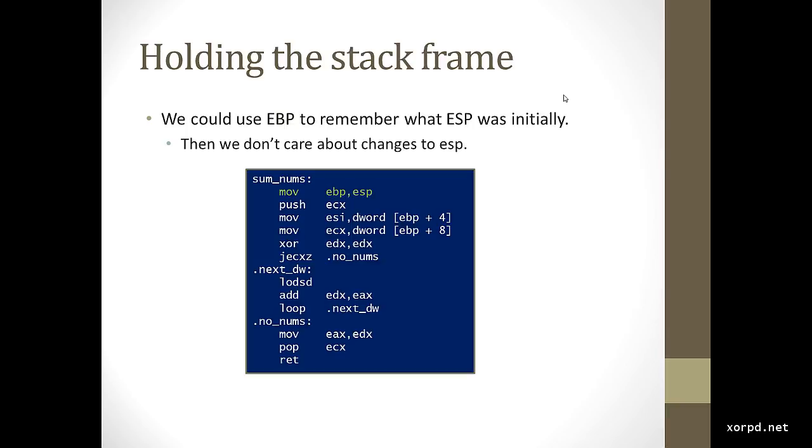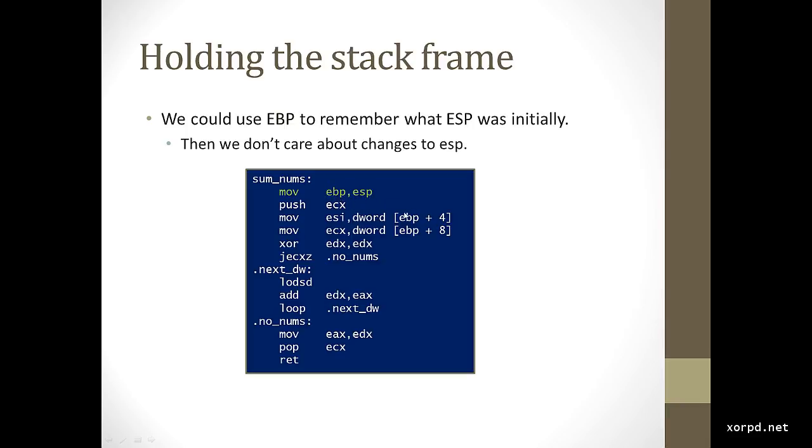There is a solution. We could use EBP to remember what ESP was initially. And then we don't care about changes that happen to ESP. We just add this instruction in the beginning of our function, move EBP, ESP. Now EBP is going to contain the initial value of ESP.